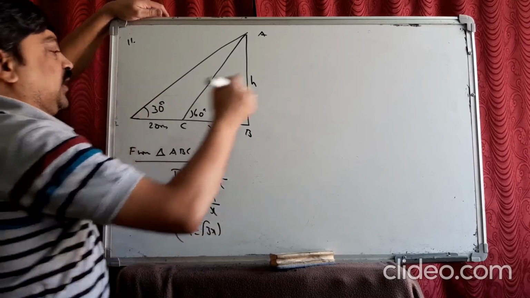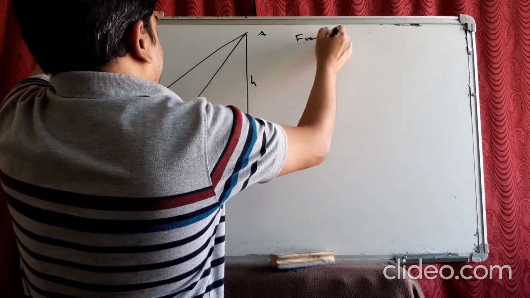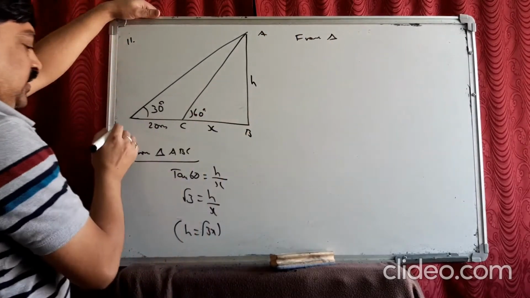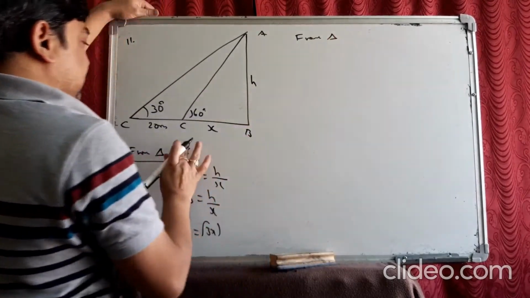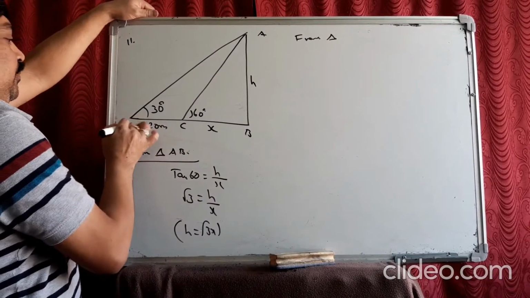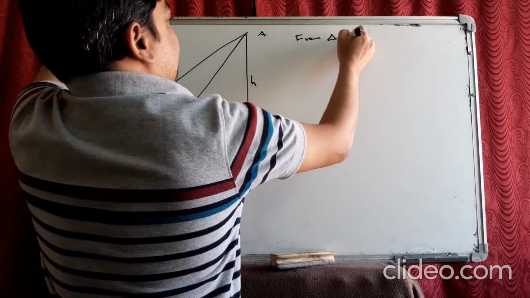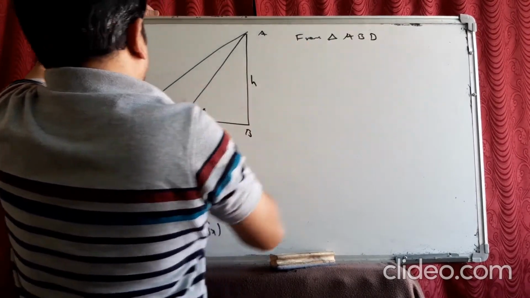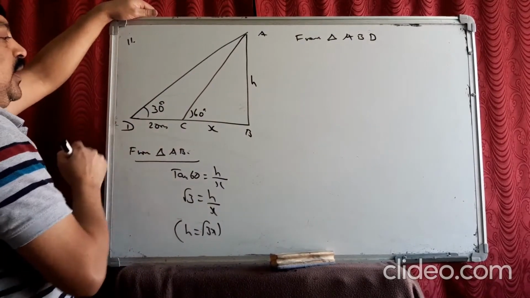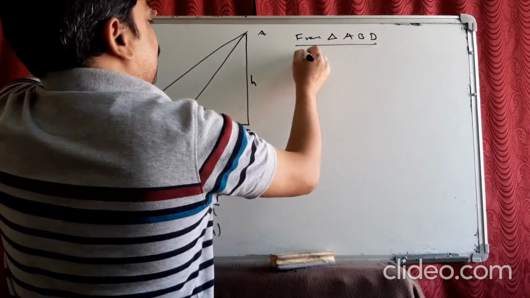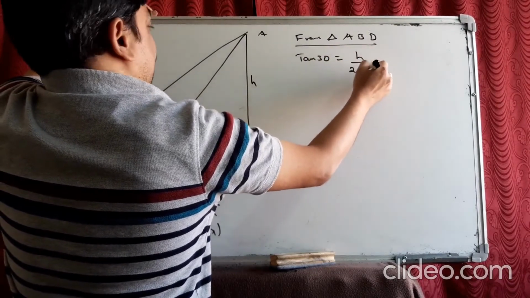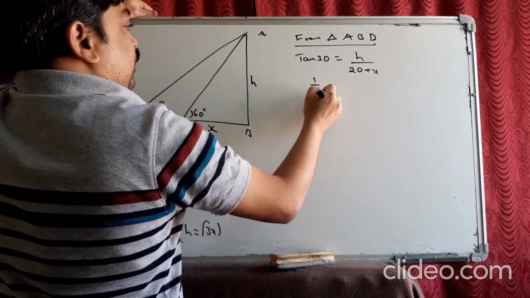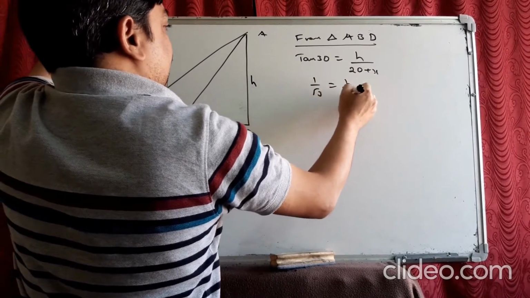Now take the big triangle ABT. tan 30 is equal to h by 20 plus x. So 1 by root 3 equals h by 20 plus x.